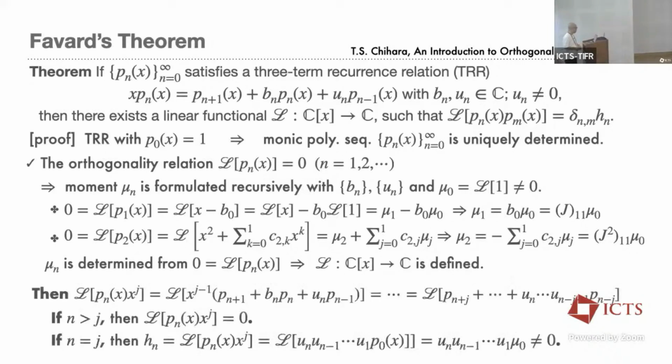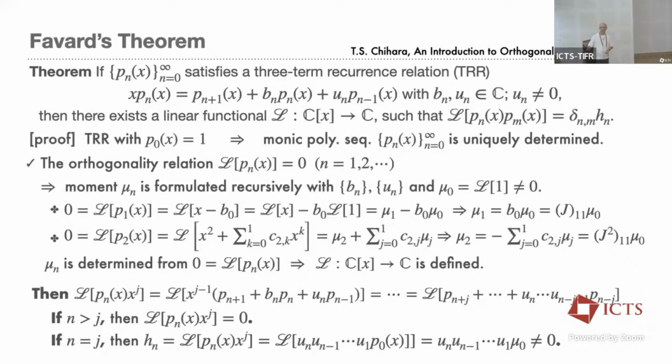Also, we only partially use the orthogonality relation. The rest of the orthogonality relations are also easy to show by repeated use of the three-term recurrence like this.